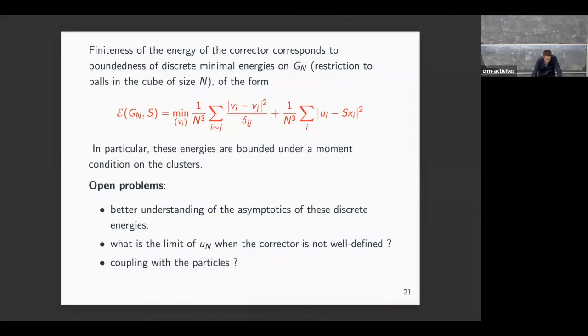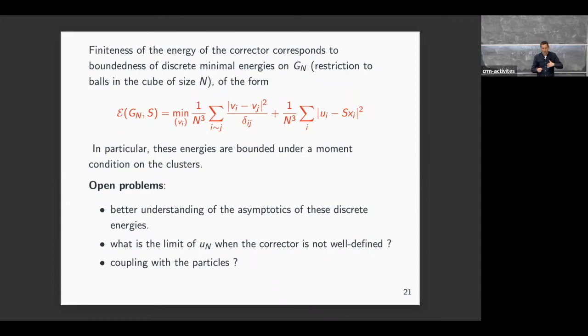Okay, and as open problems, it would be really nice to understand better the connection between these discrete energies and the continuous model. For instance, when the suspension gets denser and denser, this approximation by discrete energies on graphs should be better and better.